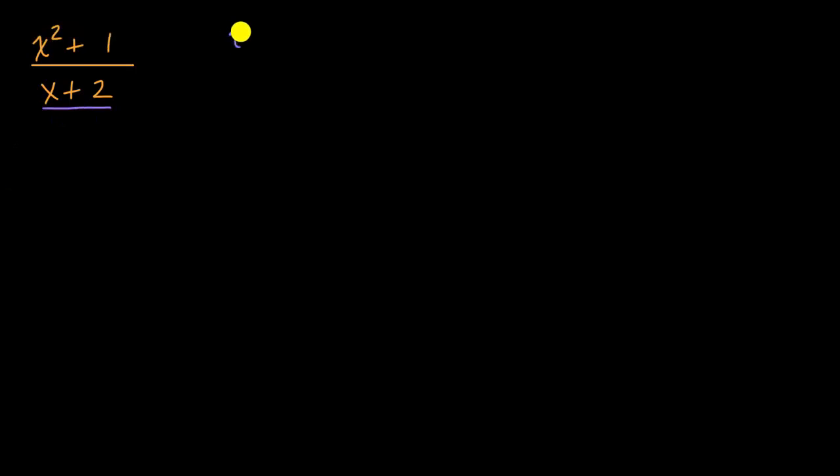So we know that x plus 2 times x minus 2 is equal to x squared minus 4. So what if we were to write x squared minus 4 up here, and then we would just have to add 5 to get to plus 1.